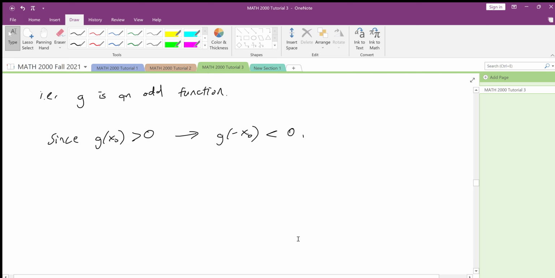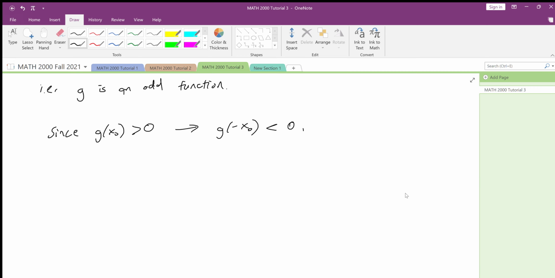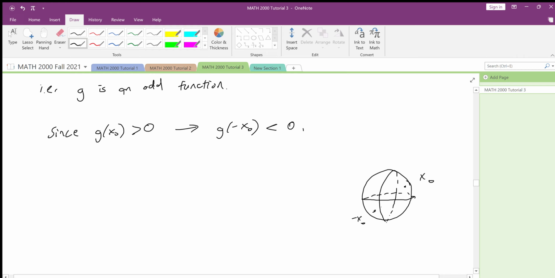So if I were to draw a sphere, I would have a point x naught, and I have a point negative x naught, because they're diametrically opposite.